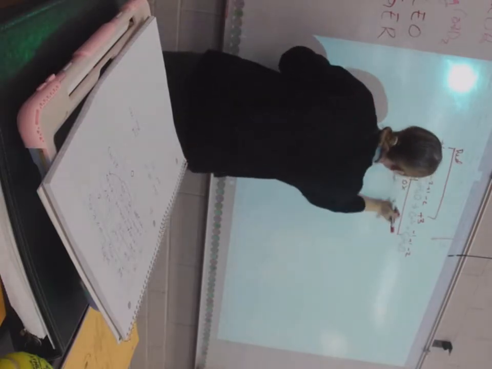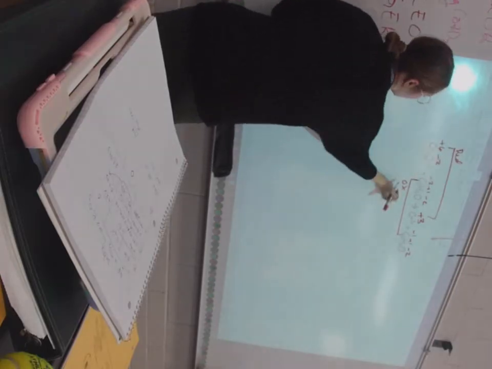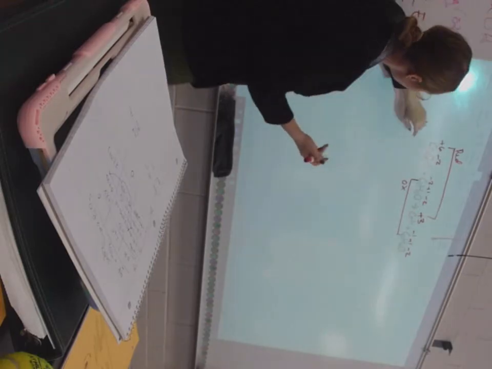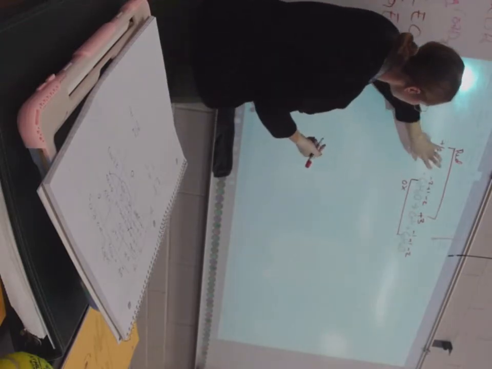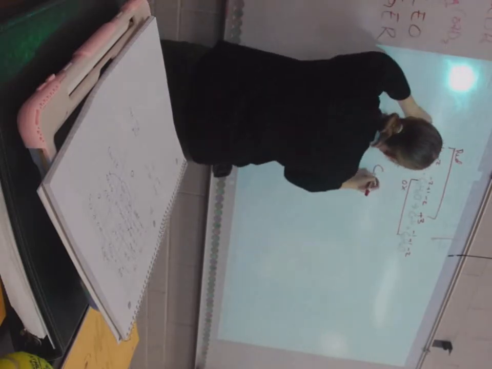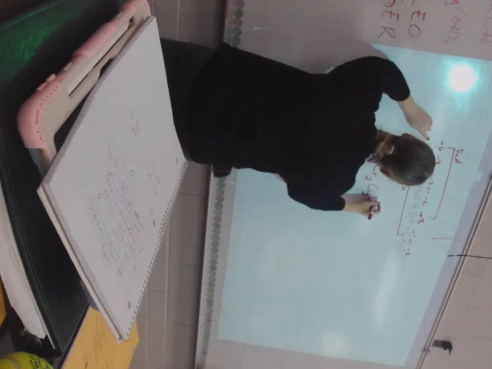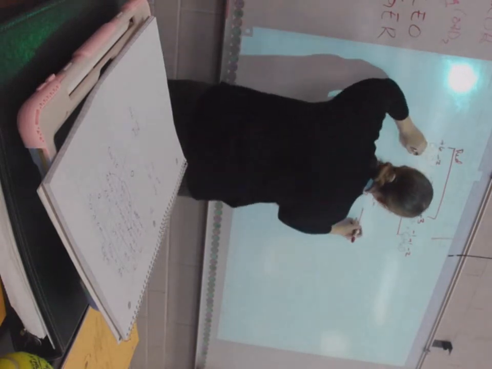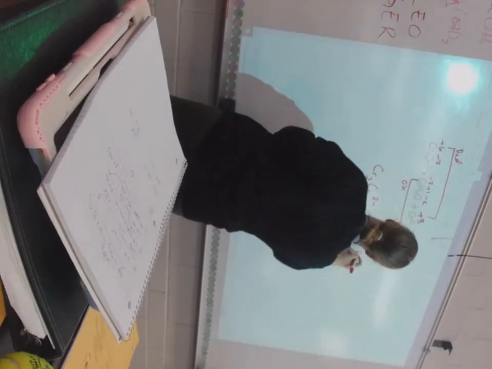All right. Now, we need to write the half reactions. So you take what reduced and everything that's with it, Cr2O7 2-, and we say it turned into Cr3+.